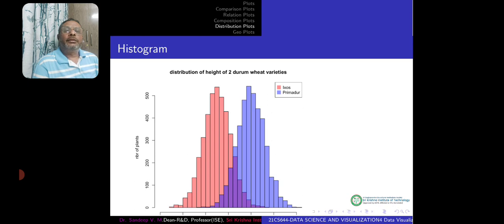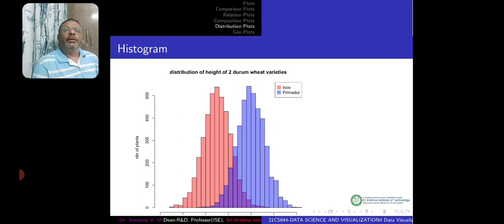They are different. Though the widths are almost equal, they are placed at different positions. Therefore we can clearly say that these two data sets are not from the same population; they belong to different populations.